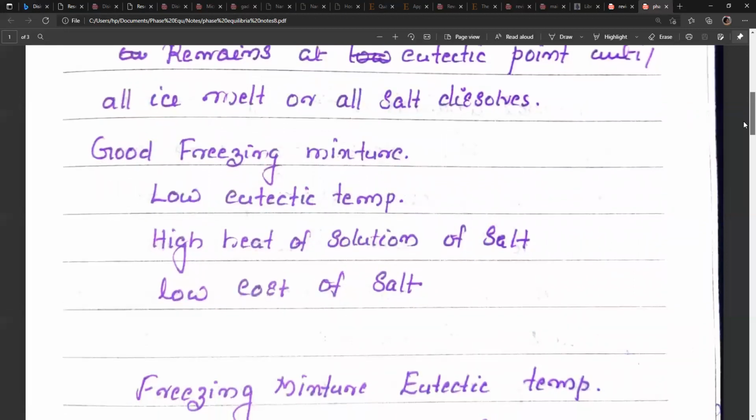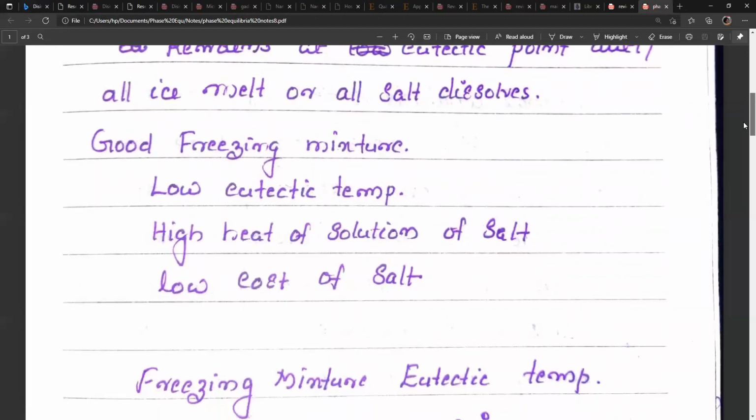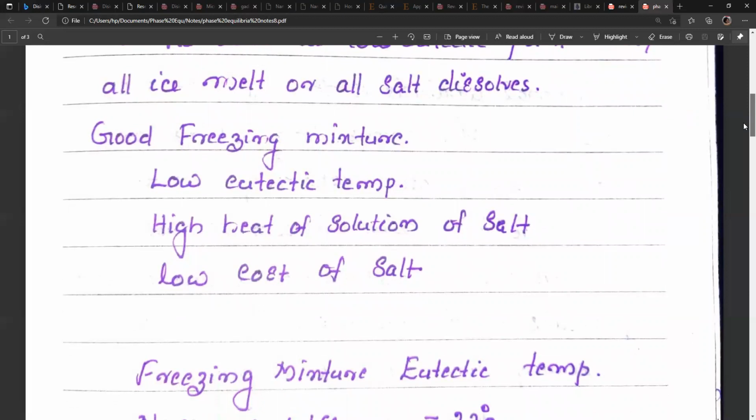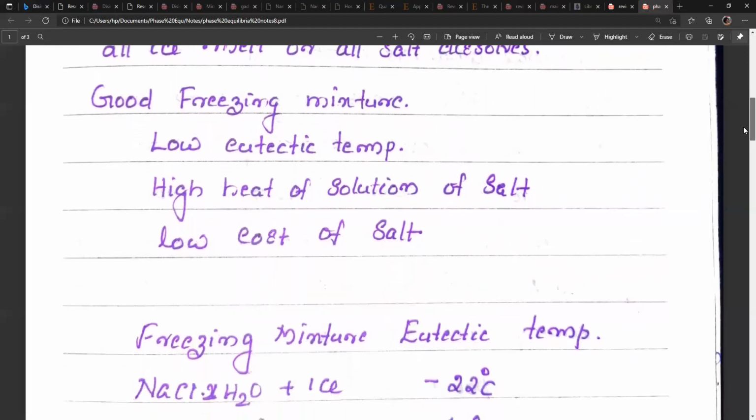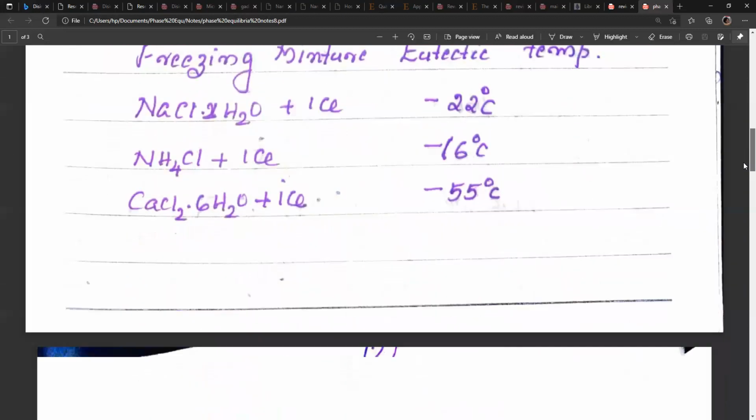That is also an important factor. Since potassium iodide is very expensive, we cannot use it economically for making a freezing mixture. But sodium chloride is very cheap, so we can use it for the purpose of preparing a freezing mixture.